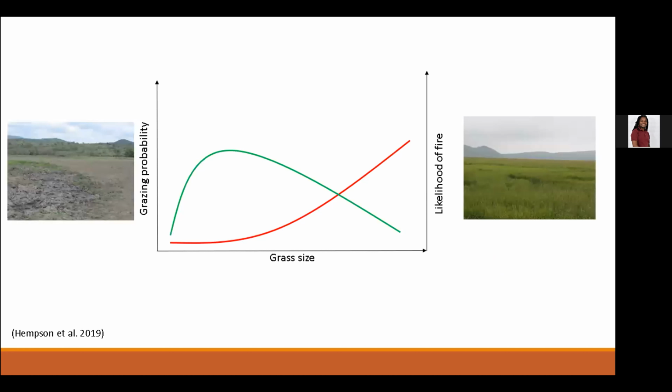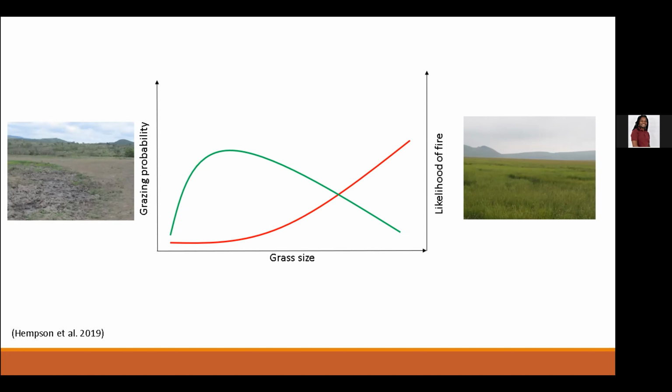So if we think about the two extremes, basically where you've got very short grass and where you've got tall grasses, what's happening here is whether an area is likely to be grazed or likely to be burned. So as you can see, taller grasses with more biomass are more likely to burn because they can get to a state where they are less palatable to herbivores.